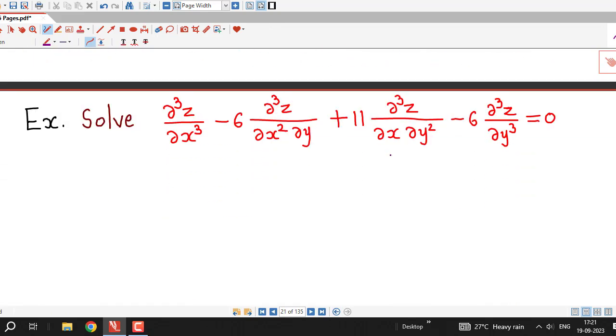We consider one more differential equation. Here I have a third order differential equation, and first I write it in powers of d and d dash.